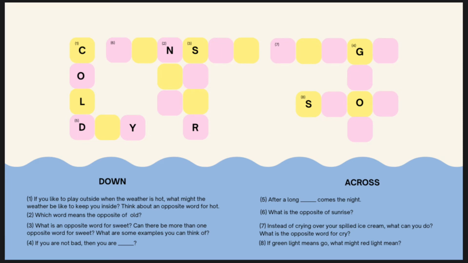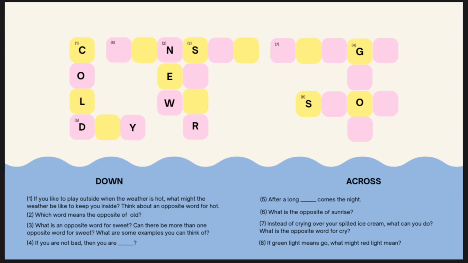The weather that might keep you to stay indoors is cold. Clue number 2. Which word means the opposite of old? This one, the word has 3 letters and starts with an N. That is correct. The word new is the antonym of old.